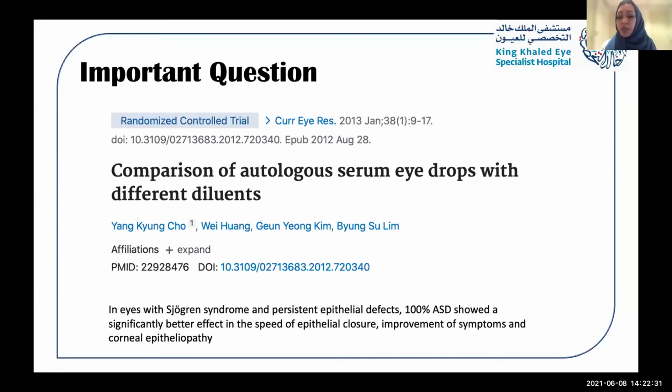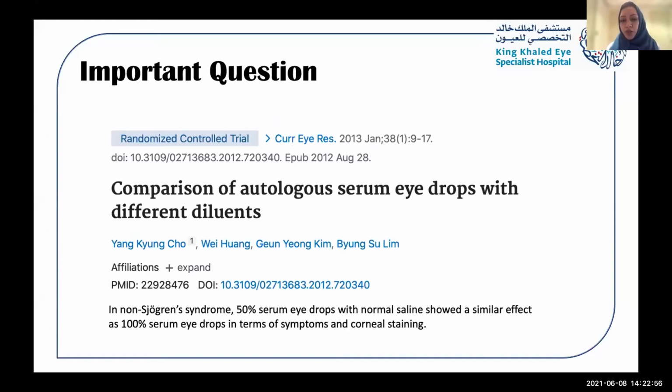They found that 100% autologous serum drops were significantly better in the speed of epithelial closure, the improvement of symptoms, and the corneal epitheliopathy in patients with Sjogren syndrome and persistent epithelial defect. However, when they compared the patients with the 50% in non-Sjogren syndrome, it was comparable to the 100%.